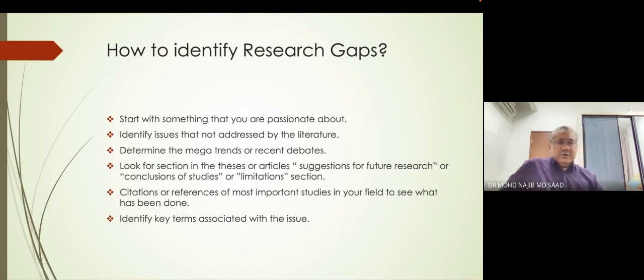Number two, identify issues that have not been addressed by the literature. Try to look at what issues, what problems have not been discussed by the literature. This can be done by looking at the mega trends or the recent debates in the area of your study.